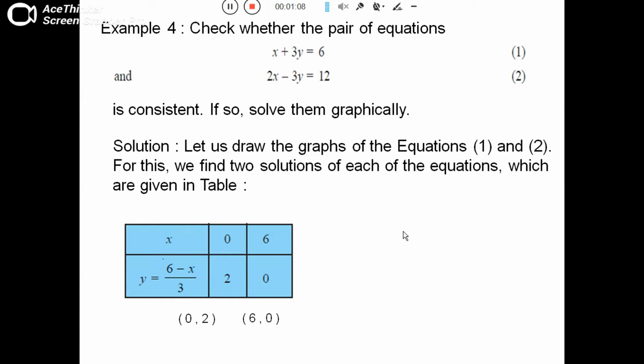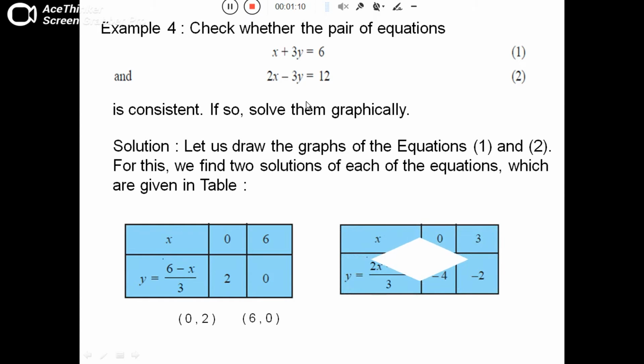Now for the second equation, 2x minus 3y equals 12, you got these two solutions, (0, minus 4) and (3, minus 2). Let us plot these lines.